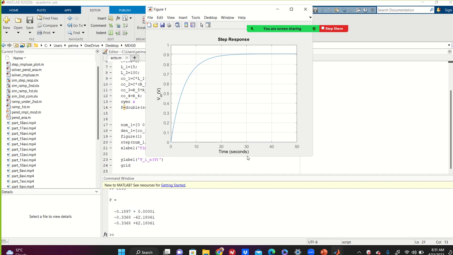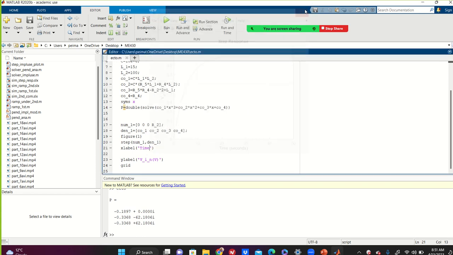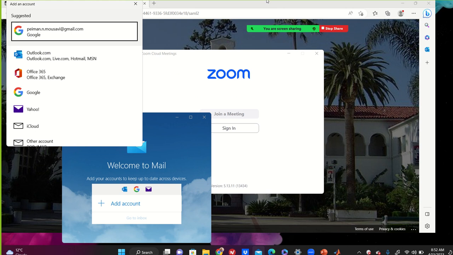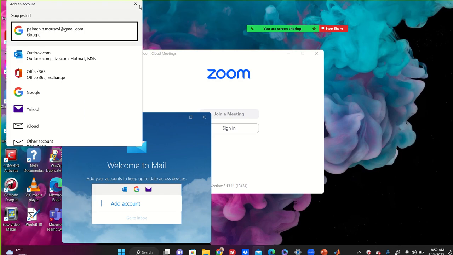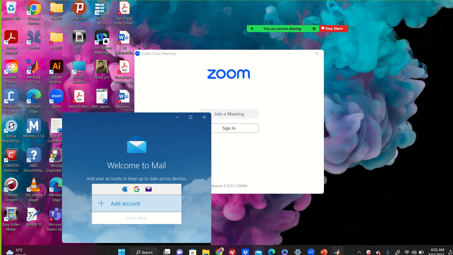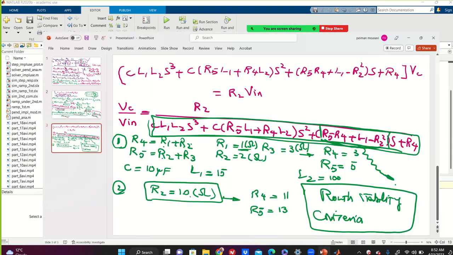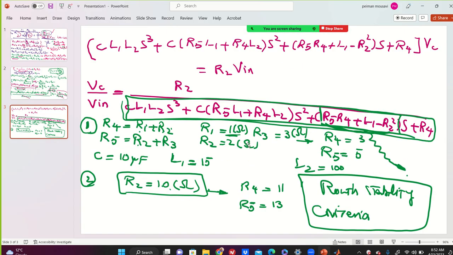Okay, understand? So that's it. I'm going to share this with you. I'm going to stop it here because next class I'm going to begin the Routh stability criteria for dynamical systems. Okay? Any questions? Thank you. Have fun, guys.